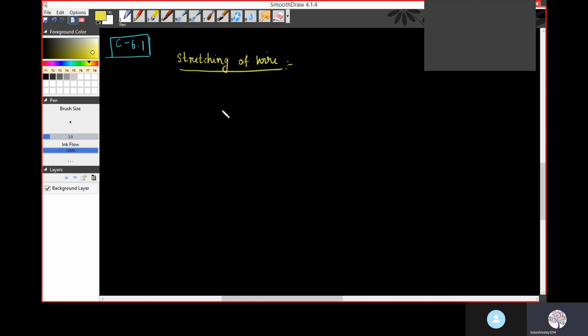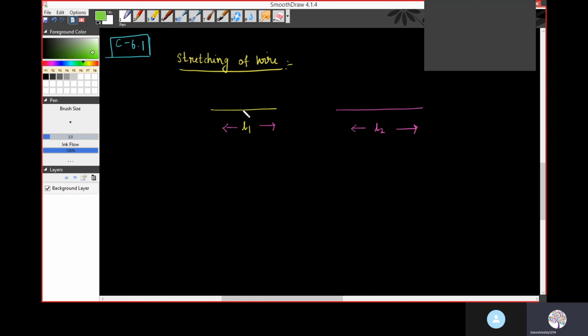Now if you have a wire and you are going to stretch it, let us take the length of this wire as L1. Now you stretch it to some other length, let us take that length has become L2.